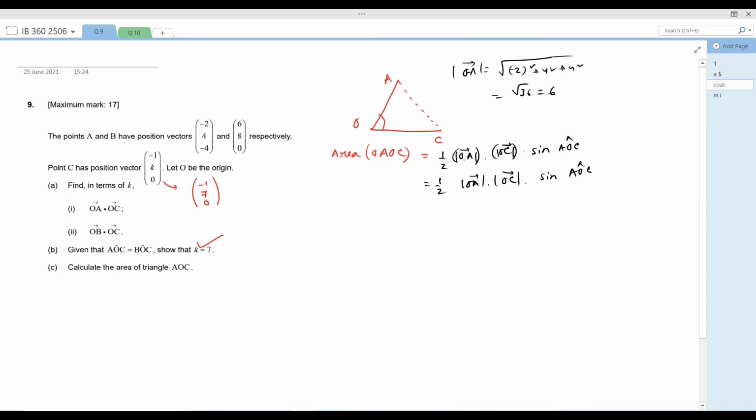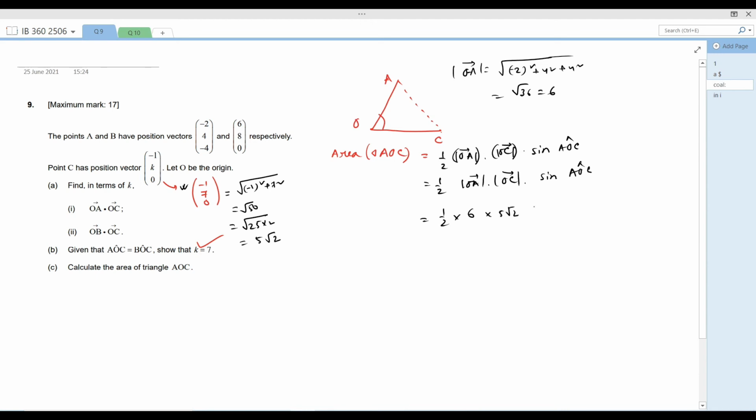So it is half into 6 into, now OC, from the complete vector, we are getting minus 1 whole square plus 7 square equals root 50, which we can write as 25 into 2, and from here it is 5 root 2. So the value of OC is 5 root 2.